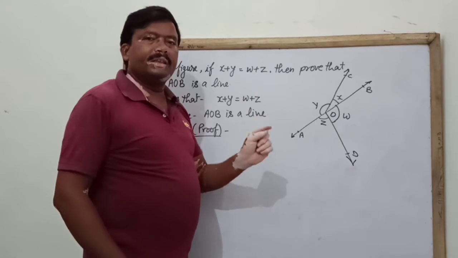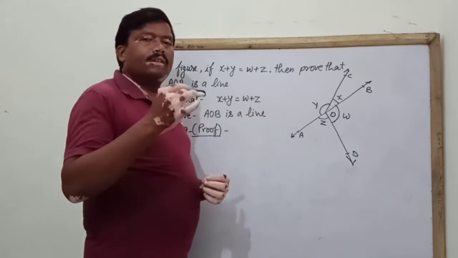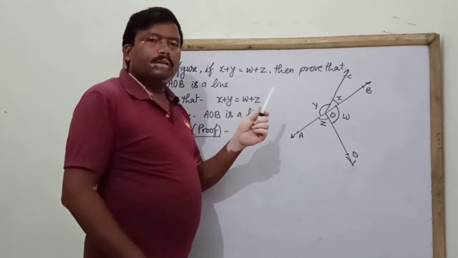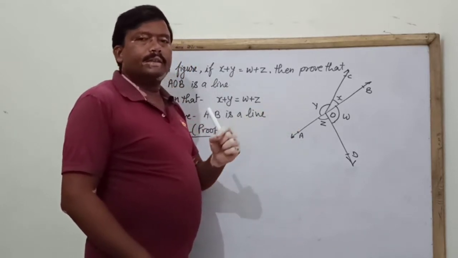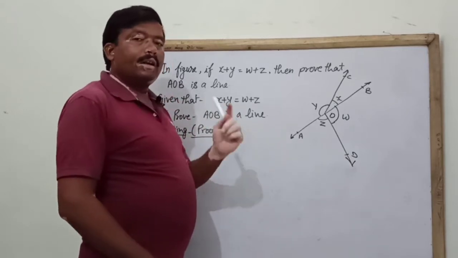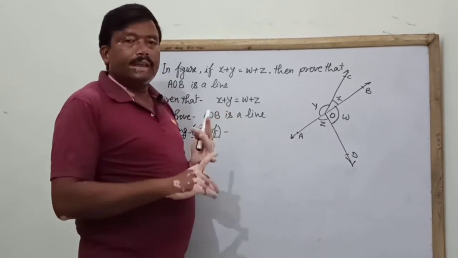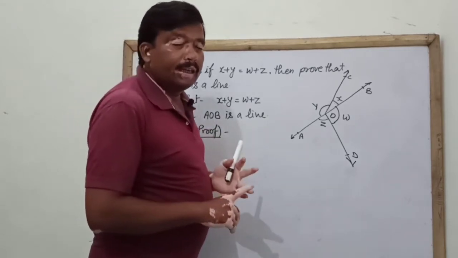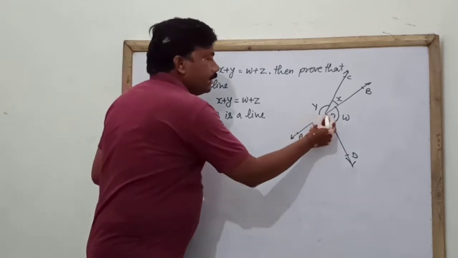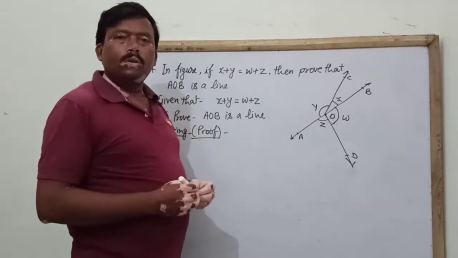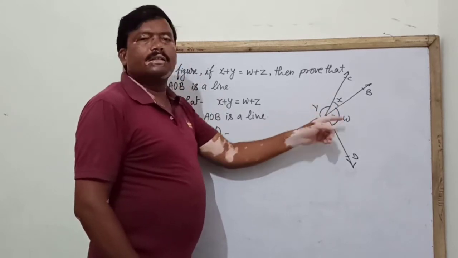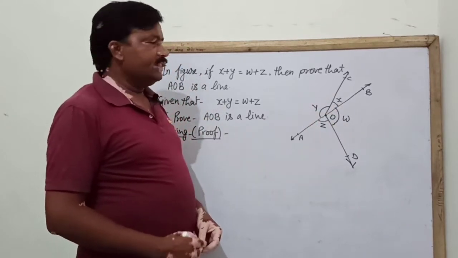There is a statement that the whole angle made on a point is equal to 360 degree, which we have learnt in earlier videos, that angle was called a complete angle. So this is a point O, and the sum of all these angles is equal to 360.